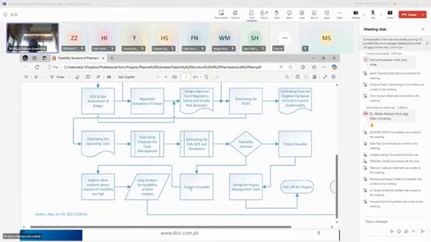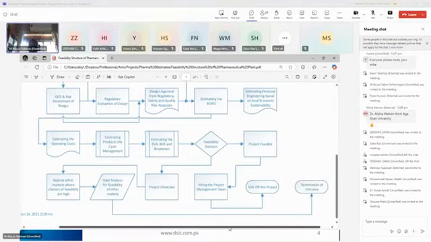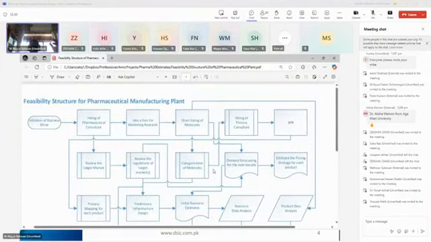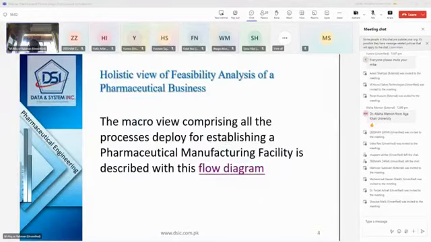If your project is infeasible, then explore other markets where chances of feasibility are high, do the data analysis and feasibility again for other markets, and make the initiatives. So this is the typical process flow of a pharmaceutical manufacturing plant. Do you have any questions? You are always welcome.